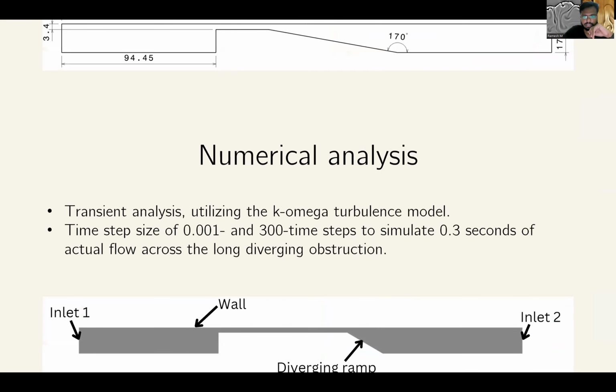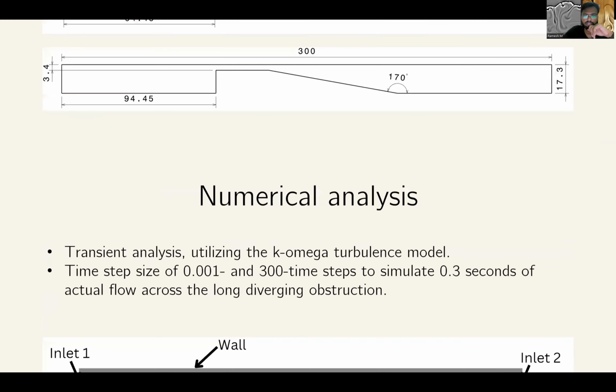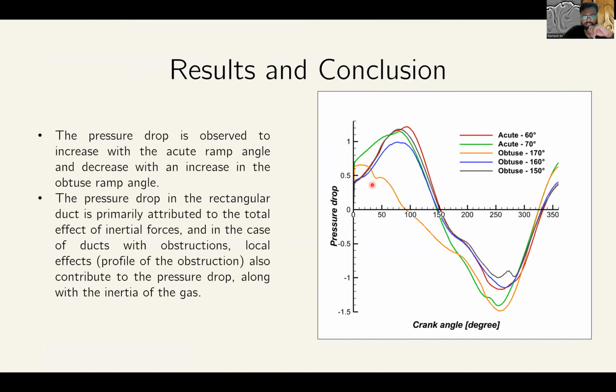In this geometry, the ramp is opposite to the flow, so the pressure drop is more in these acute angles. When you see the obtuse angles, this joins with the other geometry pretty smoothly, so the pressure drop is very little. So these are the results I got.